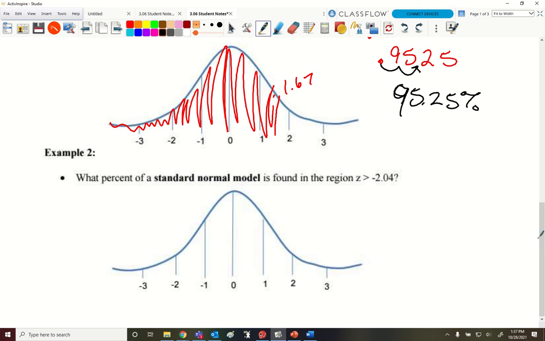We have my curve. We have the standard deviations already set. And it says a region found where z is going to be greater than negative 2.04. So negative 2.04 should be slightly to the left of the negative 2. There you go, that's a 2. And alligator eats bigger. So it's going to be to which side? Right. Yeah, it's to the right. Is everyone following on that one? This is to the right.